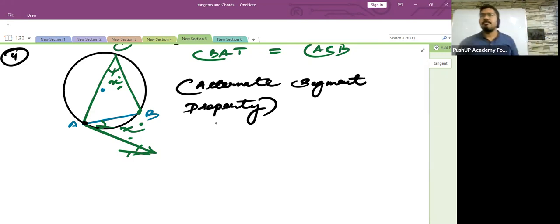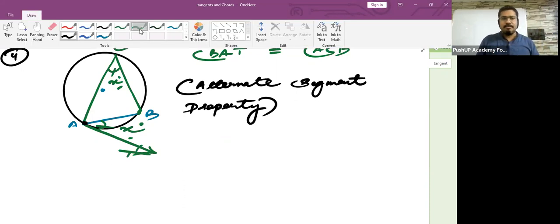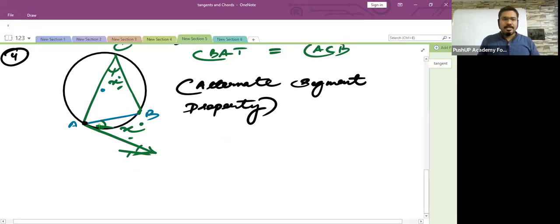You all are thinking, why alternate segment? How come that word is used? Let me give you an explanation for that. Children, you all know I have taught you what is a minor segment, what is a major segment. So if I ask you this question, where is this angle BAT happening?